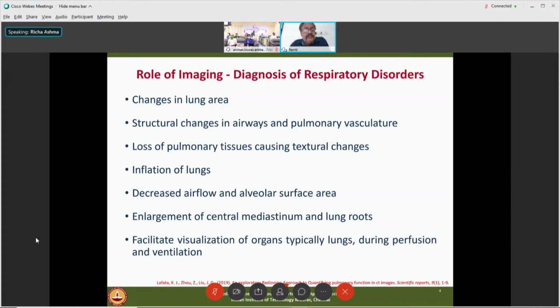Imaging also facilitates visualization of organs, typically the lungs, during perfusion and ventilation. So these are the functions for which imaging is primarily used.